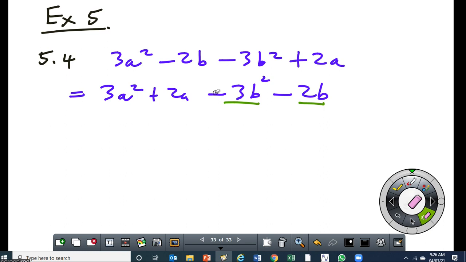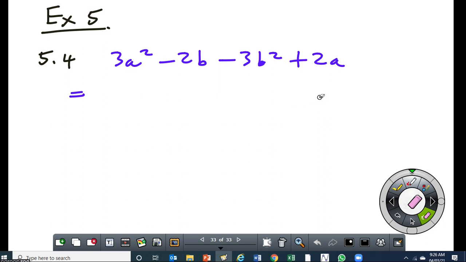So I'm going to rearrange everything and I'm going to do it this way. I'm going to take the minus 3b squared to the second position, and then I'll take the minus 2b to the end.